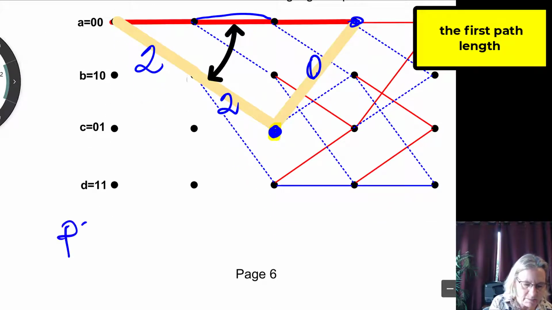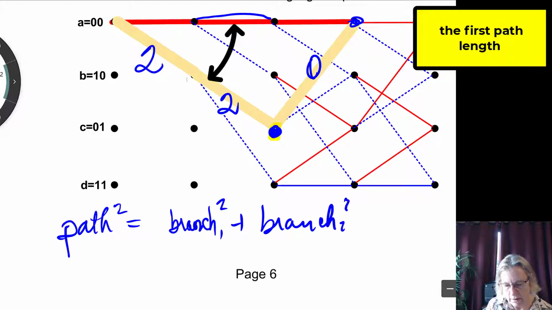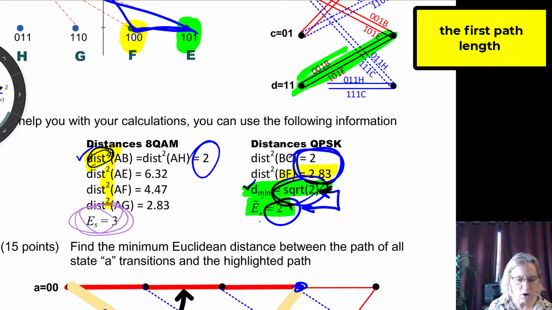And now the path metric squared is equal to the sum of the squares of each of the branch metrics. So 1 squared plus the second one plus the third one. Of course, when I was given these distances, they were already listed as the squared distances. So you can see they had the square there.